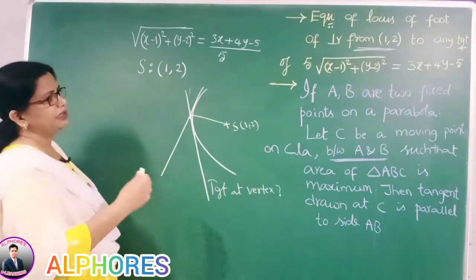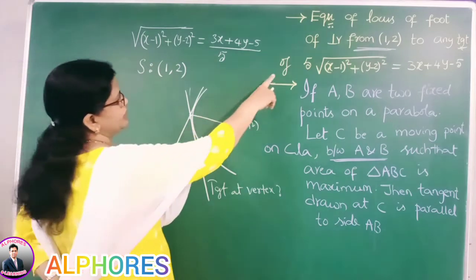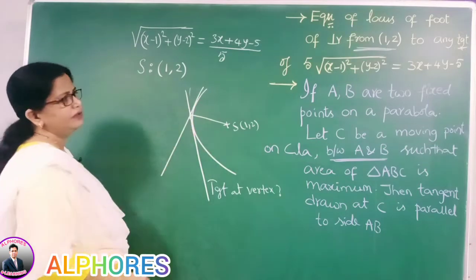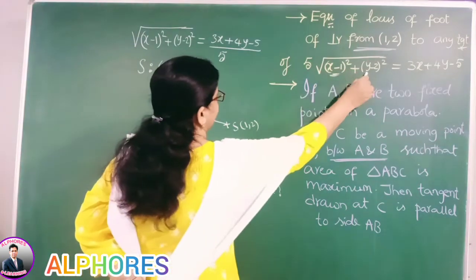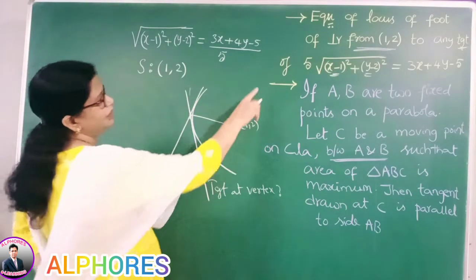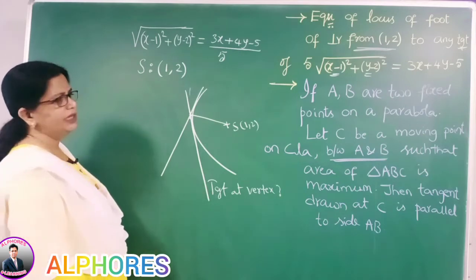Otherwise we will get a lot of confusion and unnecessary time waste also. But clearly, students, observe the locus of the foot of perpendicular from the focus, that point whatever it is given, it is nothing but our focus, onto any tangent of the parabola, and we know it is nothing but the tangent at vertex.